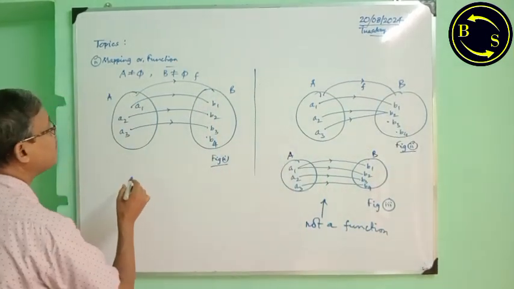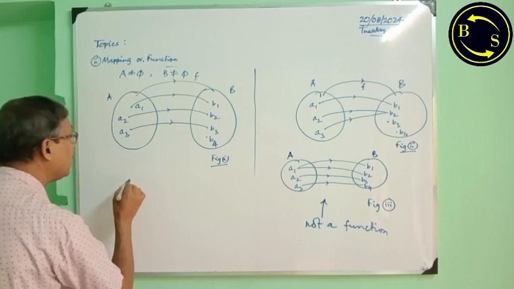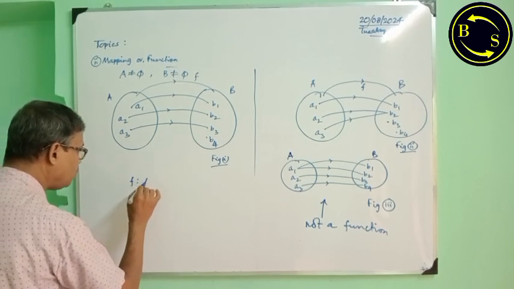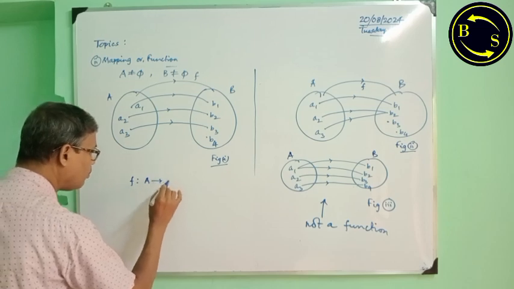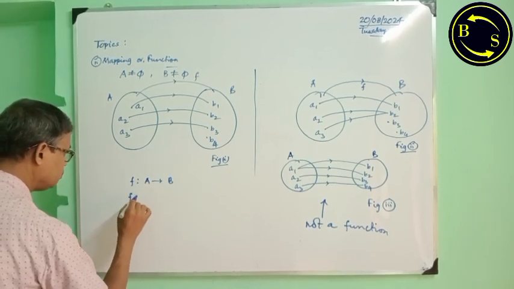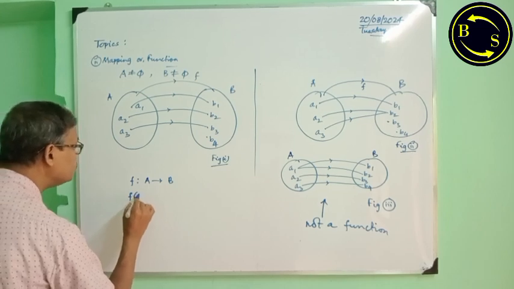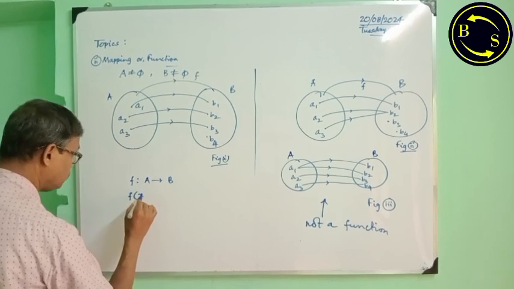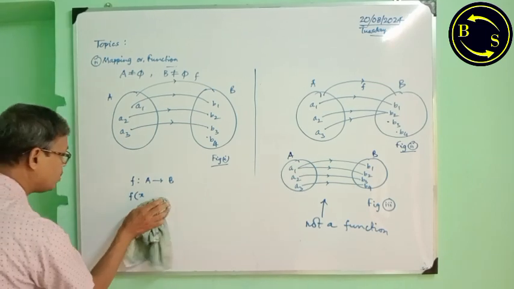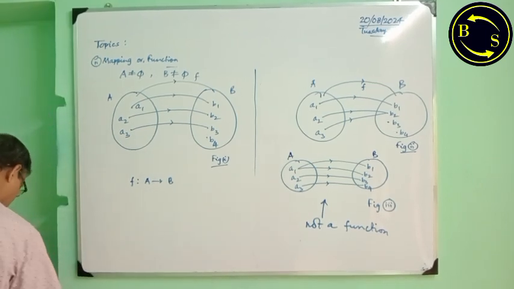Thus, a special function is represented by the symbol f from A to B, not x. Later on I shall take x.